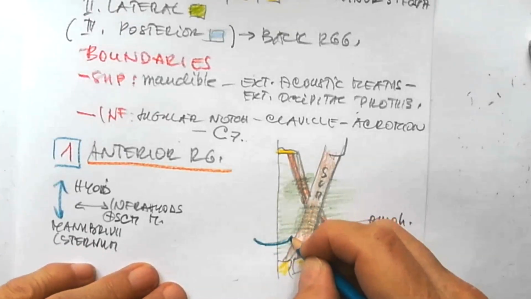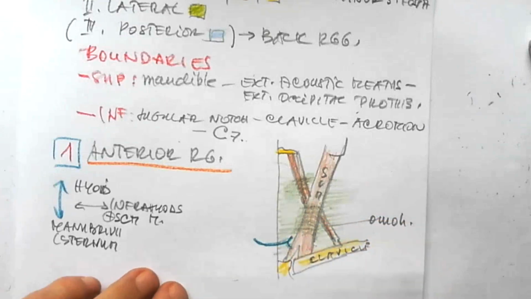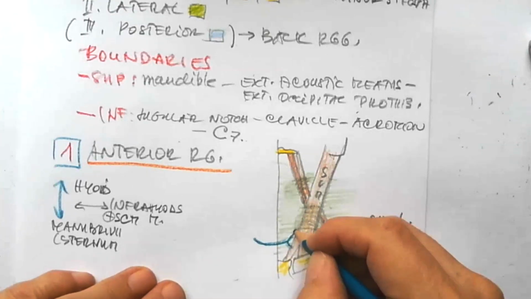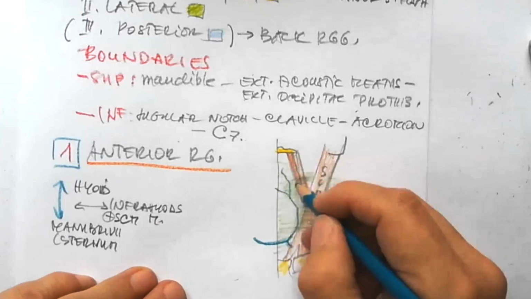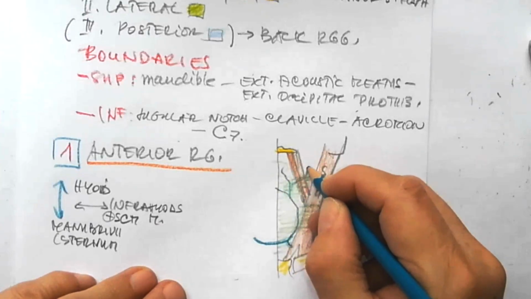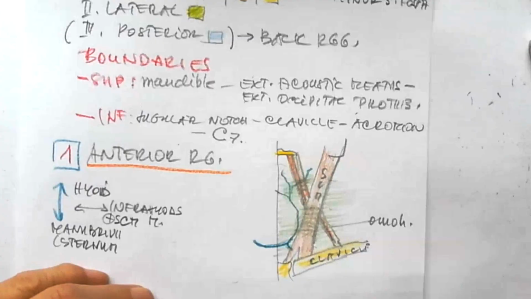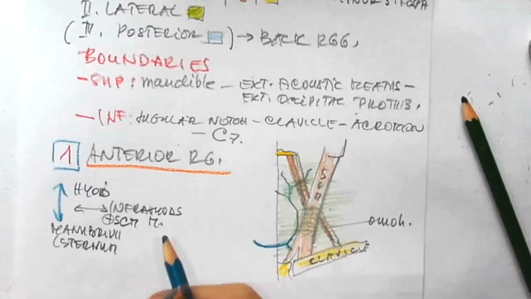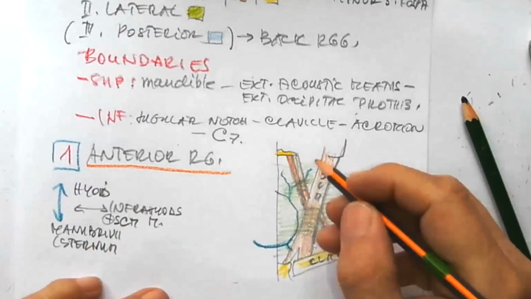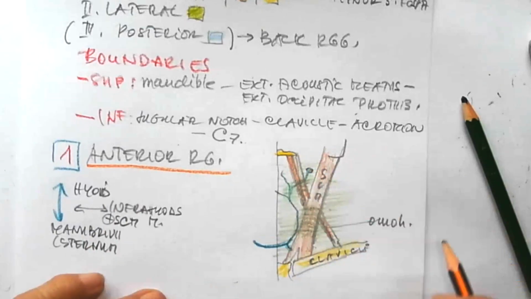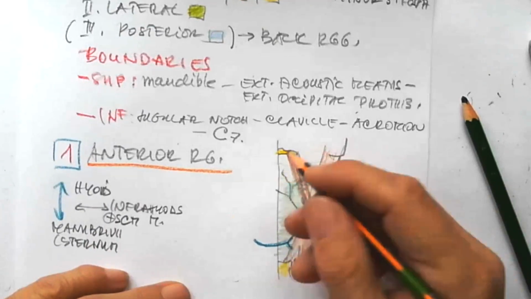And then more important for us would be the position of the nerves, because here we see the venous arch, arcus venosus, interconnected with many veins superficially and deep. The veins, as you see, also have connections with the deep system. That's why I'm drawing small openings to show the veins.